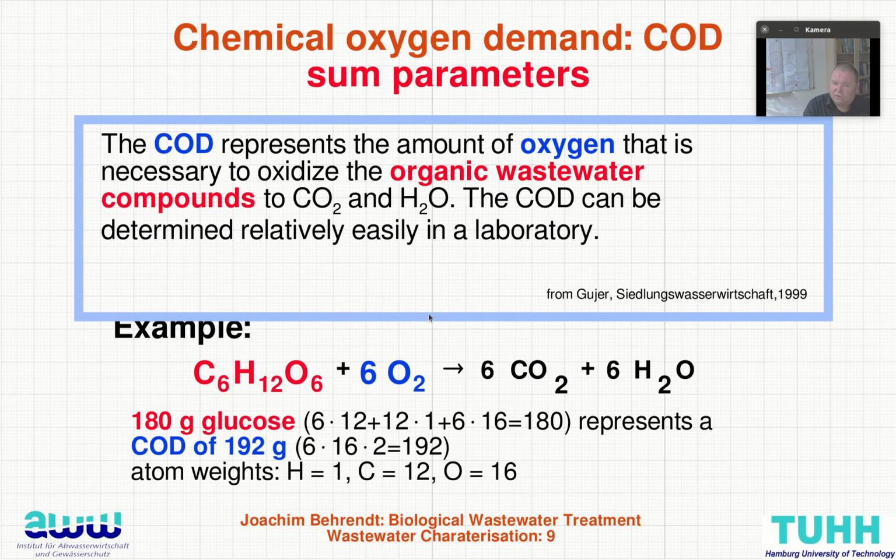For example, one molecule of glucose can be oxidized completely with 6 mol O2 to CO2 and water. 180 grams is 1 mole of glucose, which represents 192 grams, that is 6 times 32 grams of oxygen. So 1 mole of glucose is calculated as 192 grams COD, chemical oxygen demand.